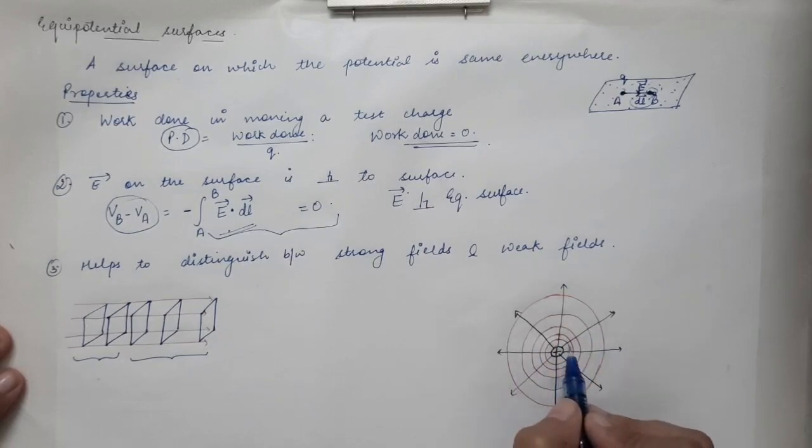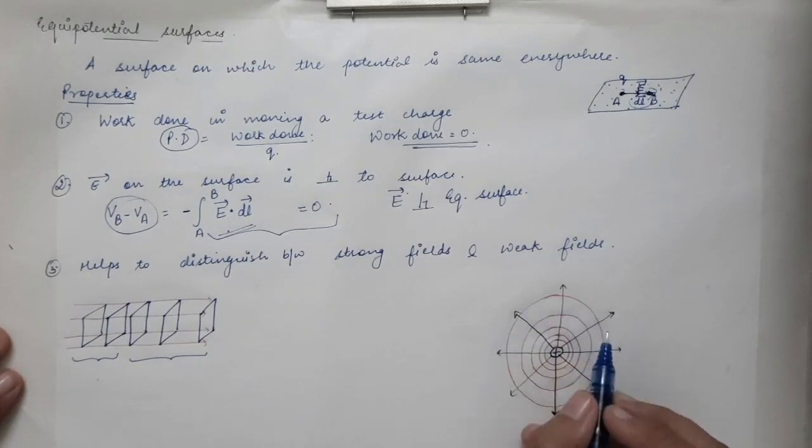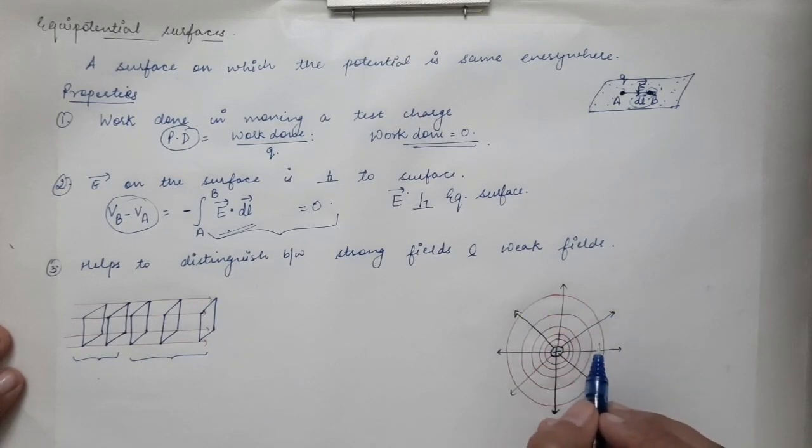These black lines which are drawn are the electric field lines. You can clearly see that the density of the electric field lines is more close to the charge as compared to the positions which are away from the charge, where the density is less.